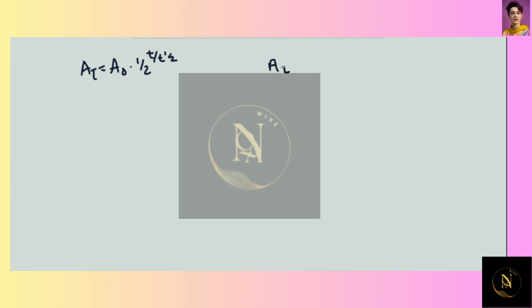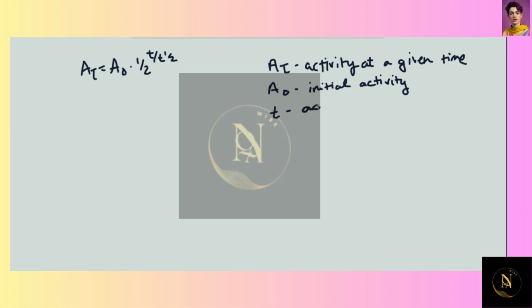So we look at the activity at a given time, the initial activity, the time that's gone by, or in this case, the age, and the half-life, which is specific to the isotope.